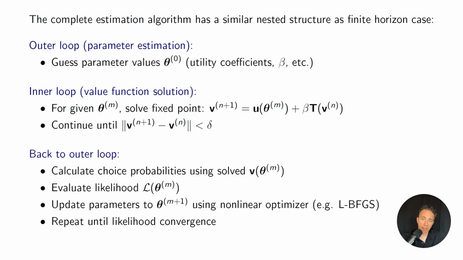Then once we have that solution, we calculate the choice probabilities at all of the solved conditional value functions at all of the states, evaluate the likelihood, and then update the parameters of the likelihood according to whatever nonlinear optimizer we're using, LBFGS, for example. And then we just repeat both the inner loop and the outer loop until we get convergence in the likelihood.